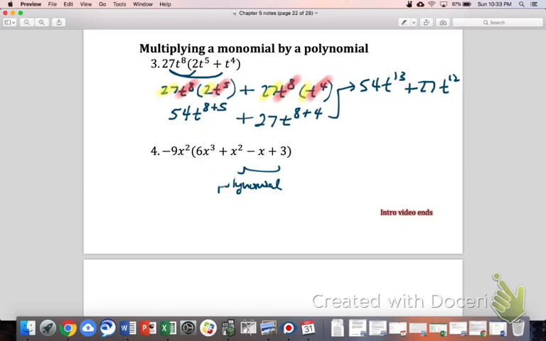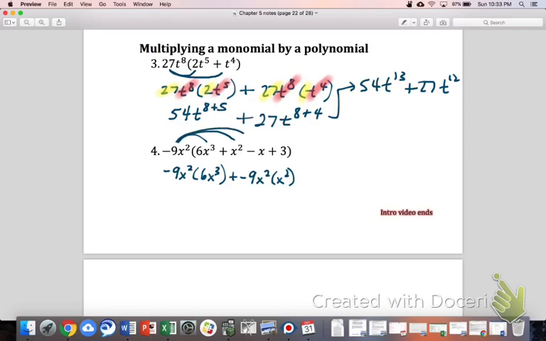So let me get rid of these labels here, and I'm going to use the distributive property to multiply this out. So here's my first part of my distributive property right here. So it's going to be negative 9x squared times 6x cubed. The next part of the distributive property would be plus negative 9x squared times x squared.